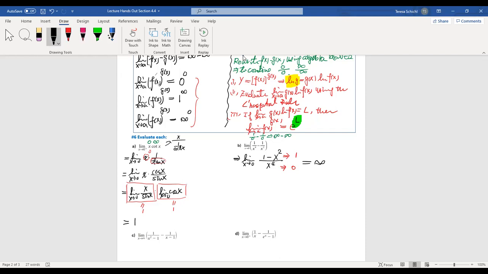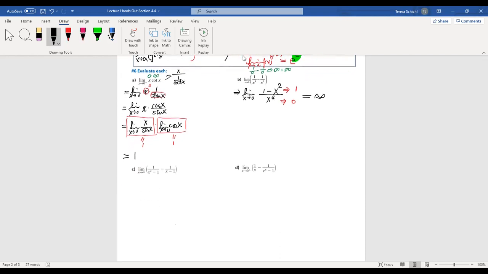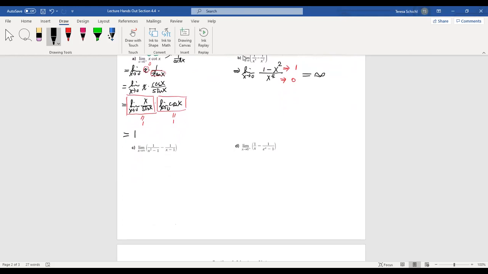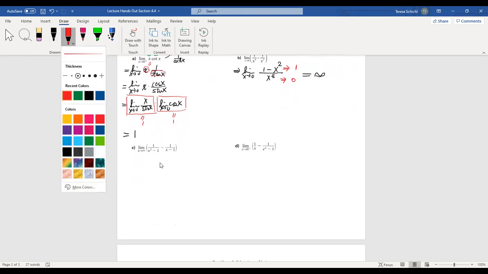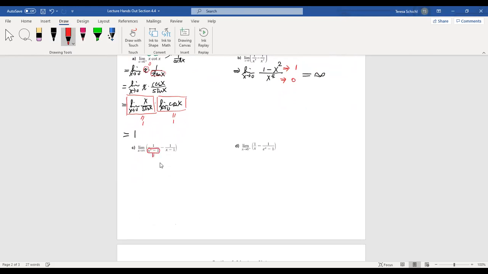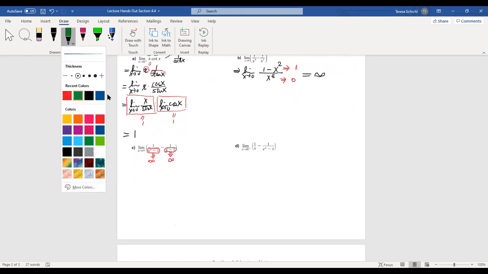All right, now let's take a look at part C. The limit as x approaches infinity of 1 over x squared minus 1 over x. As x approaches infinity, this number approaches infinity, and this number also approaches infinity.